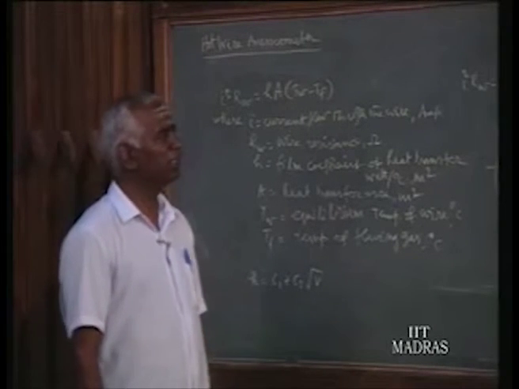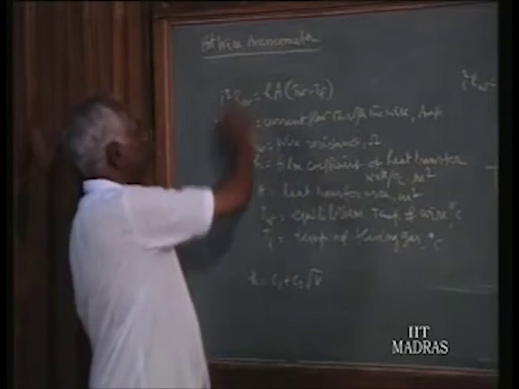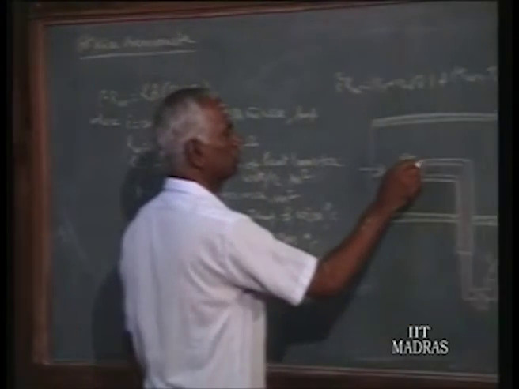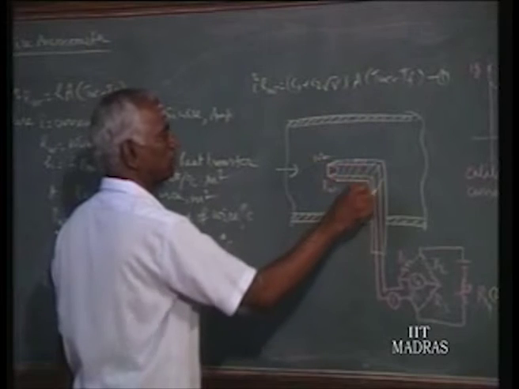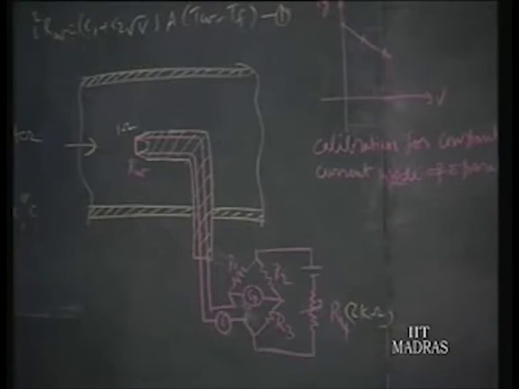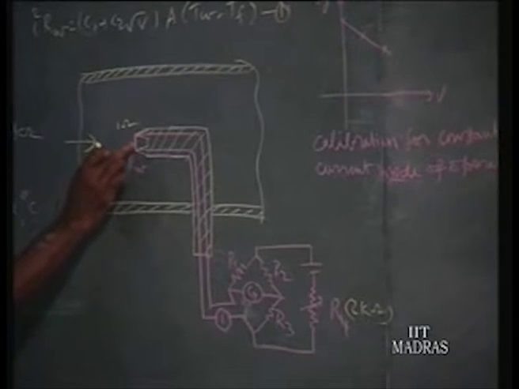Next method we are seeing is the hot wire anemometer. The construction of a hot wire anemometer is somewhat like this. So, this is the support. There is a very thin wire of a few microns diameter, for about a few mm, 1 or 2 mm length, fixed there in the support.